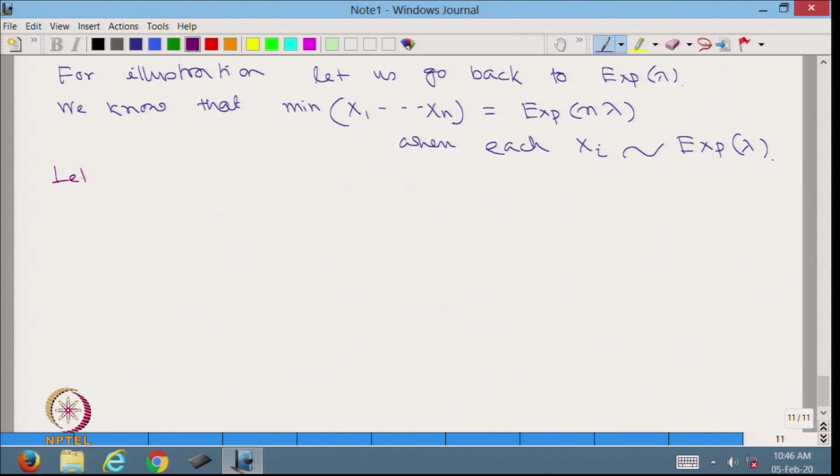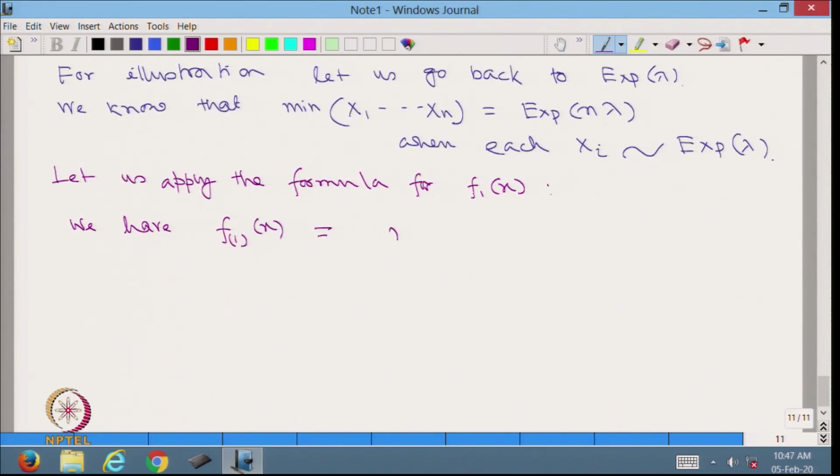Let us apply the formula for f1(x). We have f1(x) is equal to n into (1 minus F(x)) whole to the power n minus 1 into small f(x).